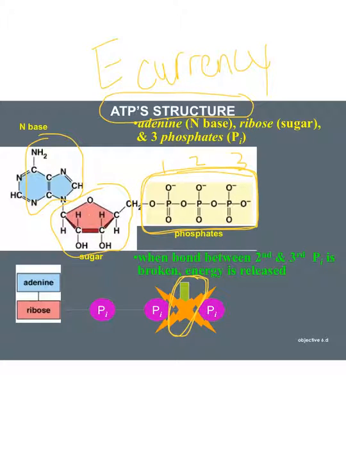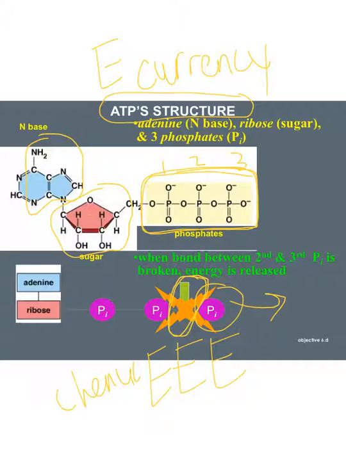When we break that bond, when we break off this 3rd phosphate, we release a tremendous amount of energy. That energy can then be applied to metabolic pathways or used within the cell to carry out other chemical reactions. This is a good example of chemical energy being stored in a bond and being released within the environment.